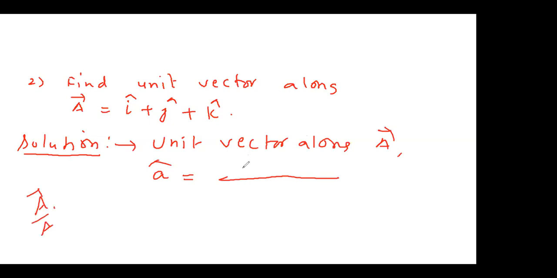So the unit vector along A bar, A cap, equals that vector A, which is i cap plus j cap plus k cap, divided by its magnitude. What is the magnitude? Root of 1 square plus 1 square plus 1 square. Any doubt?